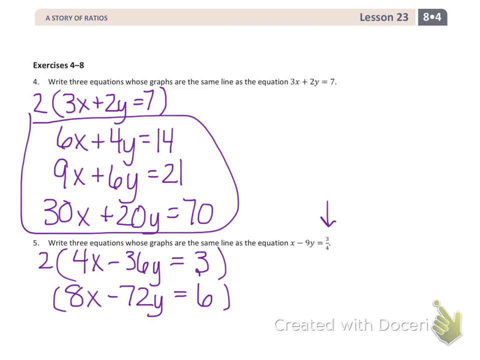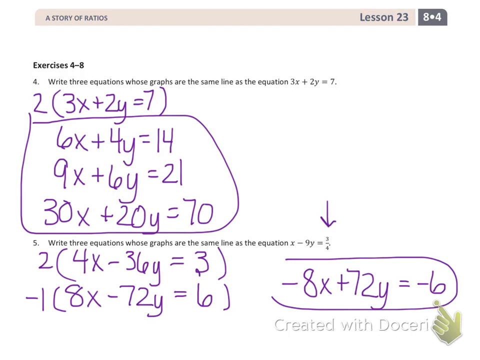Or how about if we multiply it by, it doesn't say they have to be in standard form, so I could multiply it by -1. So I could get the equation negative 8x plus 72y is equal to -6. All right, so there's my three equations. Yours could be different.